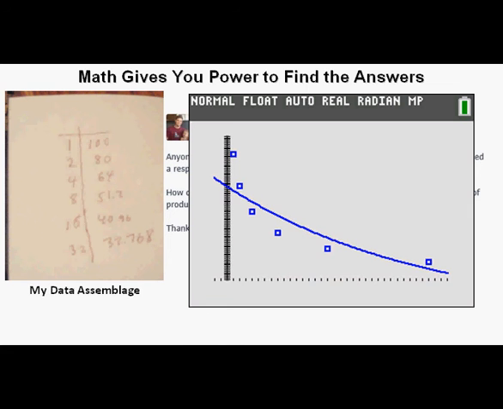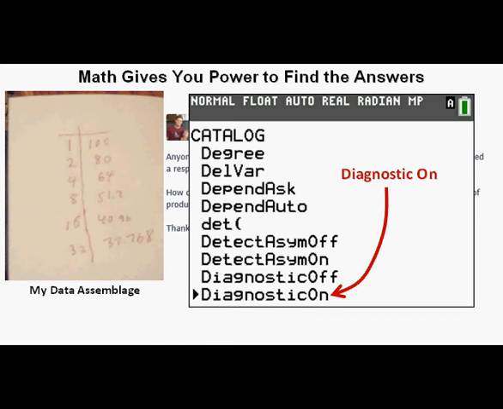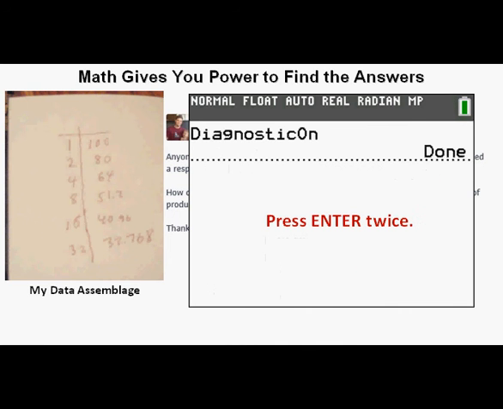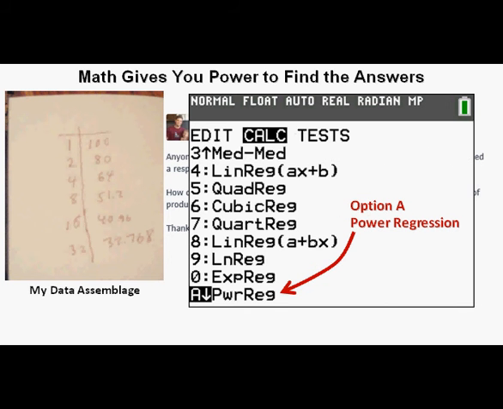Next, we're going to the catalog view to turn diagnostic on. Press Enter twice. This diagnostic tool gives us the accuracy of correlation by calculating the difference between the equation and the data input points using the least squares method. Next, we'll go back to Stat Calc, but this time we'll scroll down to option A, which is power regression.